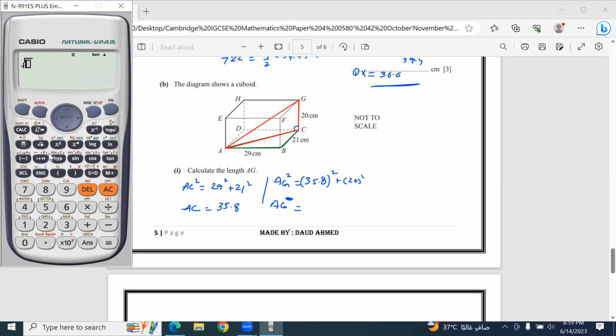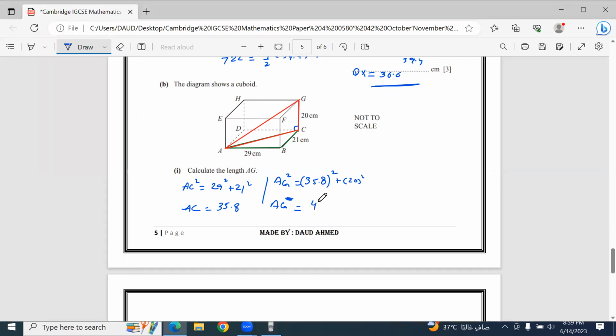And then take the square root of the answer. That is the required length, which is 41.00. So we can say that it is 41 centimeter.